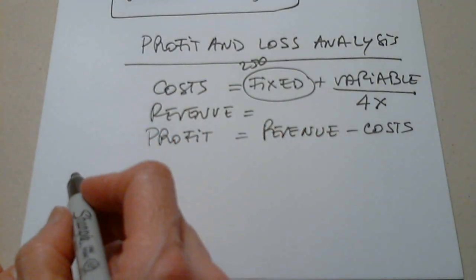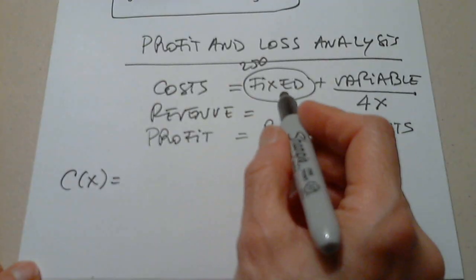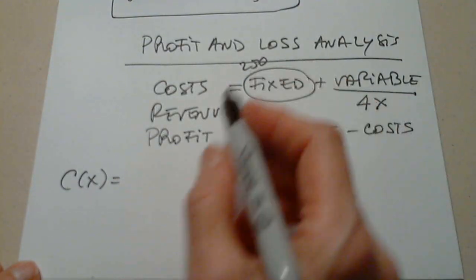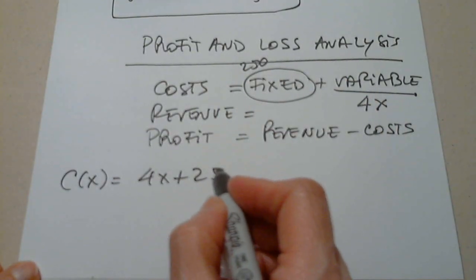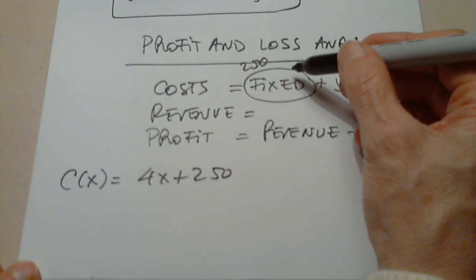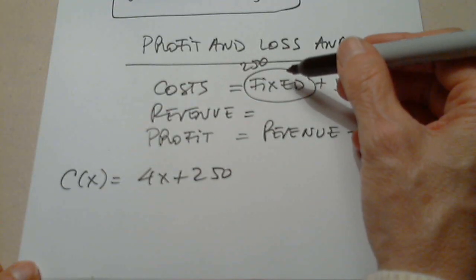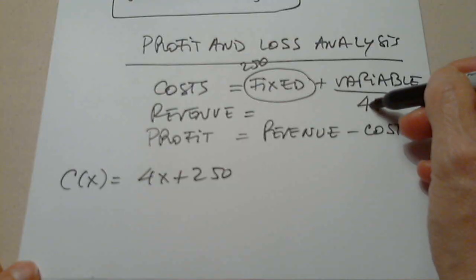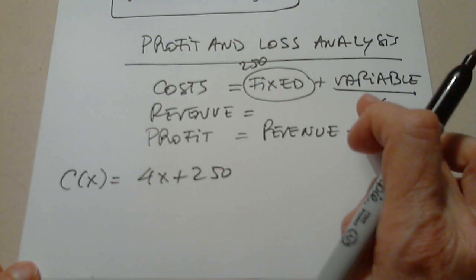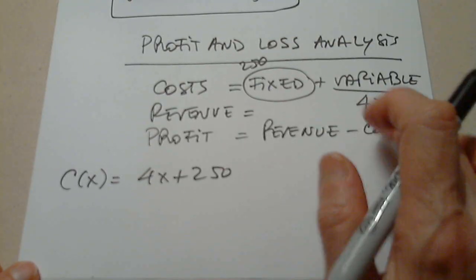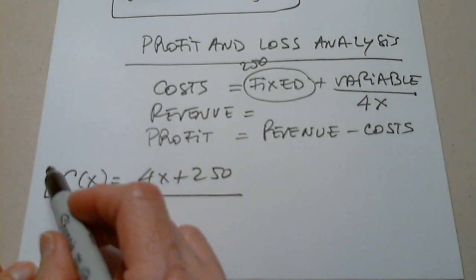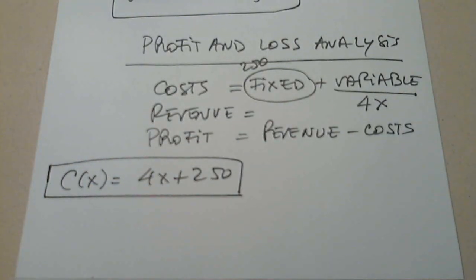So in this problem, the cost function of x will be 4x plus 250. This is for the lawnmower. It doesn't matter how many he's going to work on. And this is the cost per lawn. So this is the formula for the total cost function.